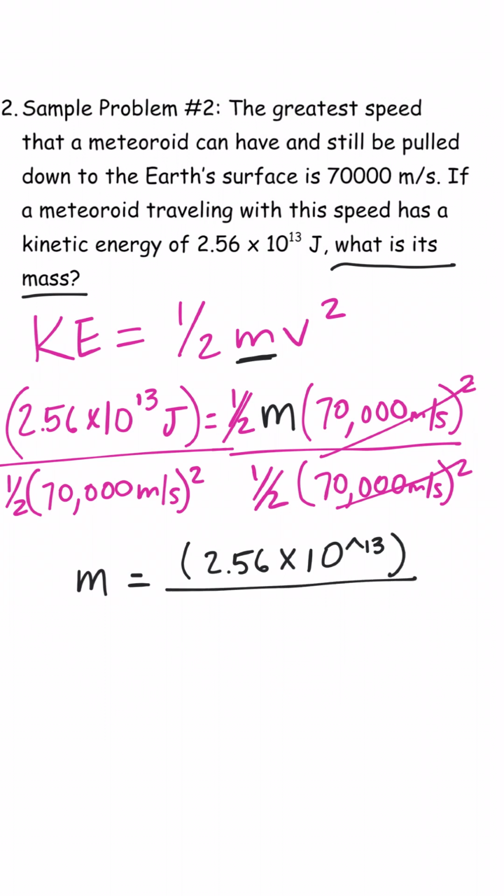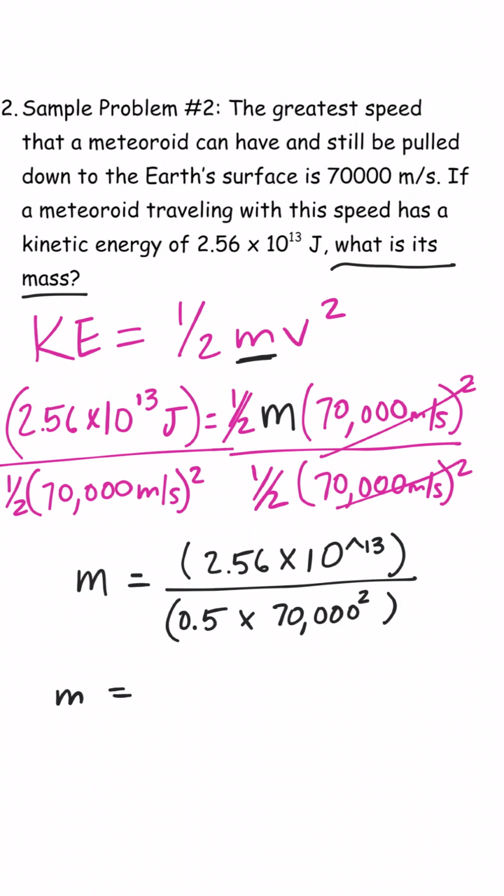Close my parentheses. Divided by 0.5 times 70,000 squared. Close parentheses. And that's how you enter it into the calculator. That way the entire top is divided by the entire bottom.